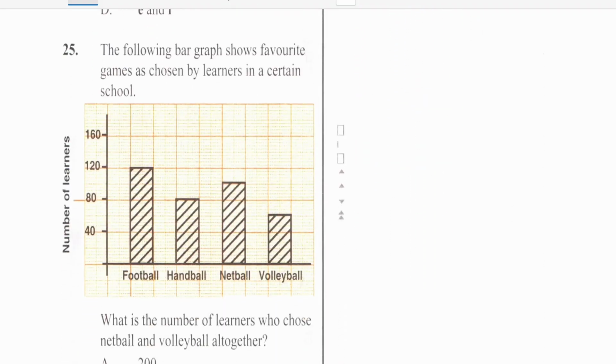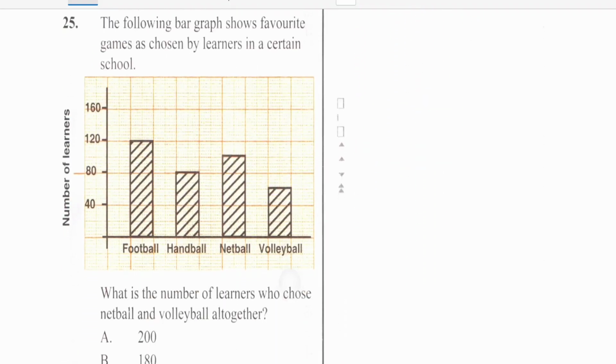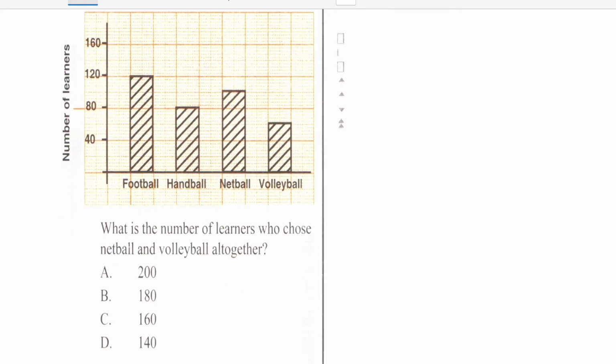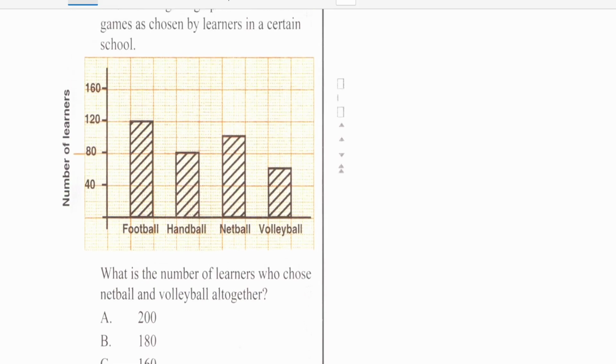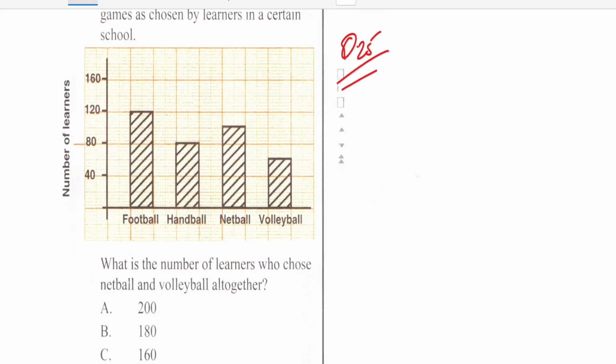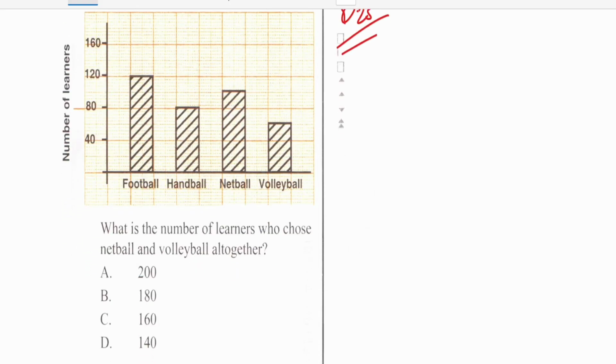So question 25, the following bar graph shows favorite games as chosen by learners in a certain school. You have football, you have handball, you have netball, you have volleyball. So this is question 25. Let's find out the amount of learners that play football, which should be 120.